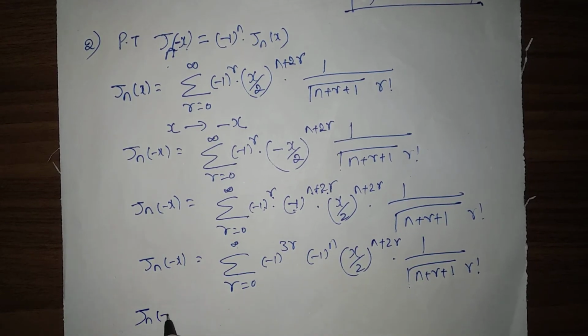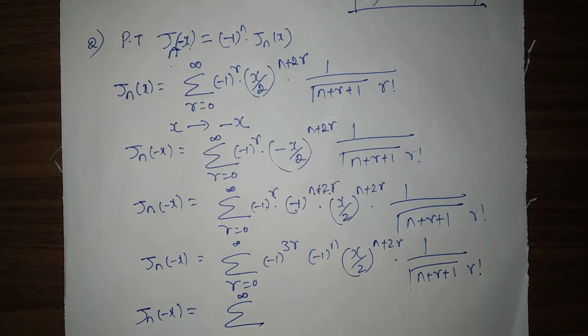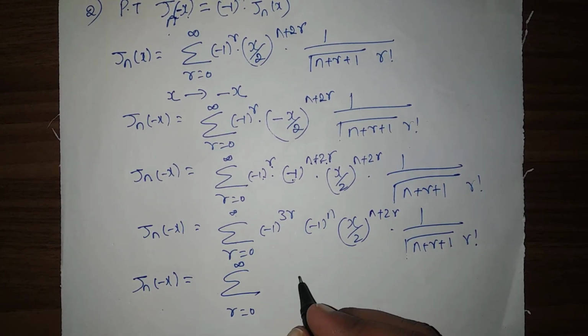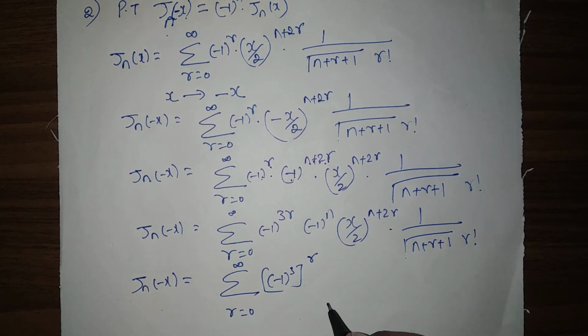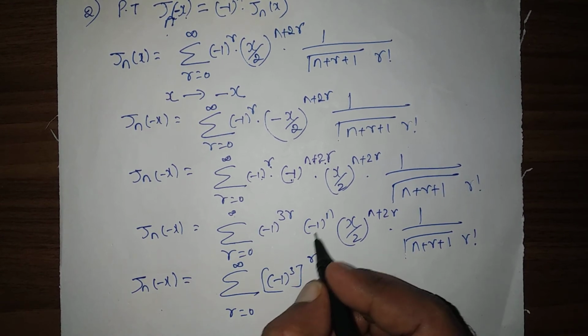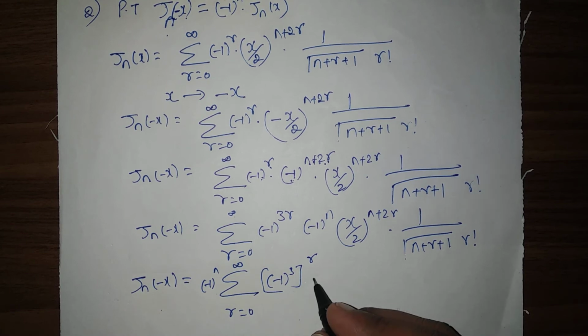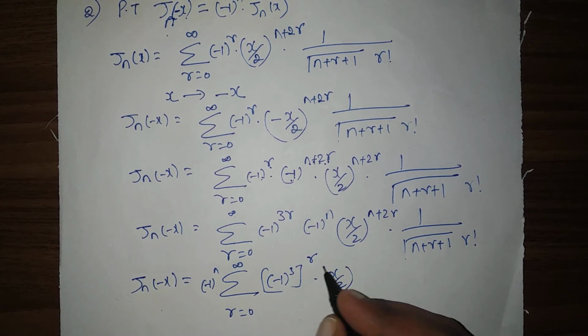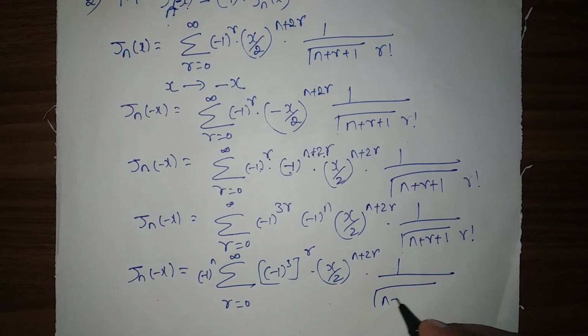Now Jn of minus x is equal to summation r varies from 0 to infinity. This minus 1 to the power of 3r, I will write as minus 1 to the power of 3 whole to the power of r. And this minus 1 to the power of n is nothing to do with the summation, so I will write it outside, into x by 2 to the power of n plus 2r into 1 divided by gamma of n plus r plus 1 into r factorial.